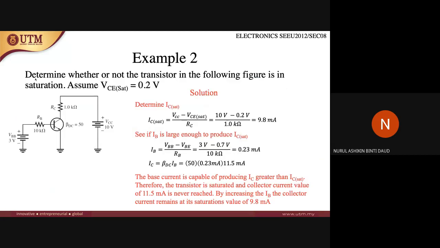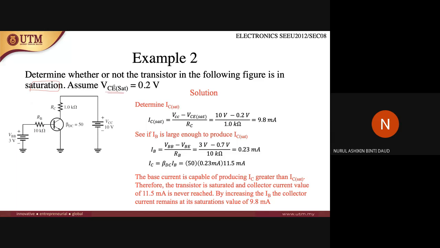Determine whether or not the transistor in the following figure is in saturation. Now you have to identify whether the transistor is in a saturation region or not. Assume that VCE saturation is 0.2 volts.